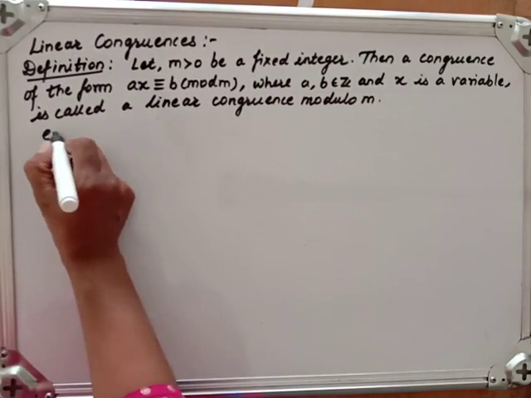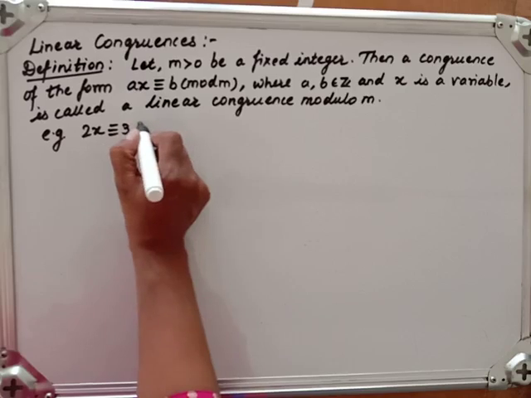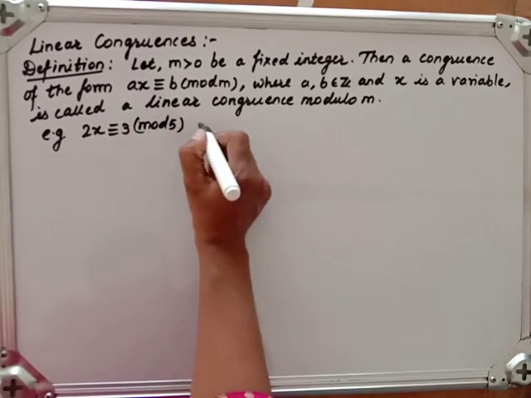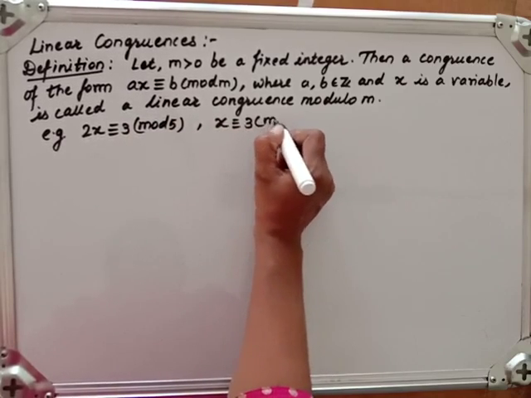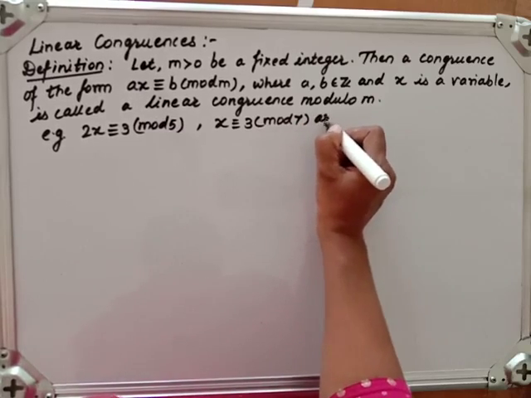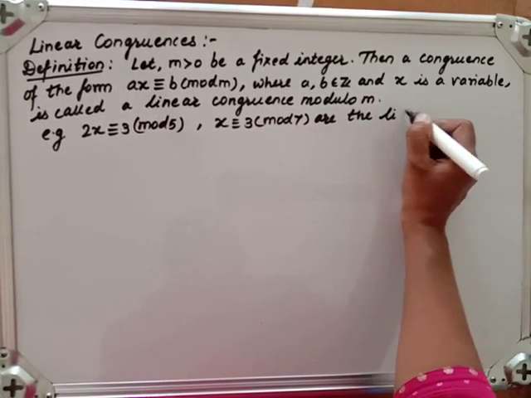For example, 2x congruent to 3 modulo 5 and x congruent to 3 modulo 7 are linear congruences.